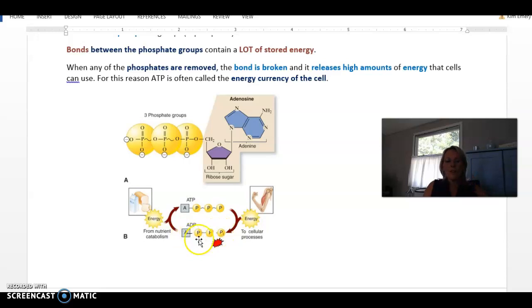The remainder of this molecule is now called adenosine diphosphate because it only has 2 phosphates. And this molecule gets recycled. Some energy from some nutrient catabolism is going to allow a phosphate to get put back onto that molecule, forming ATP. And then when the cell needs energy again, it'll pop the phosphate off, gather the energy that is released, and the cycle will continue and continue.